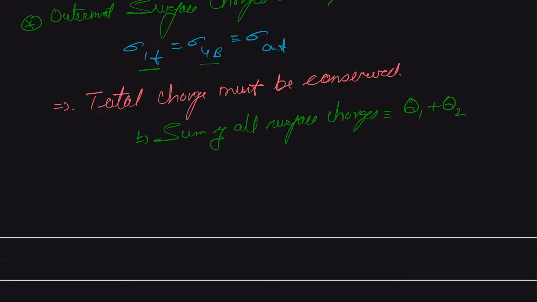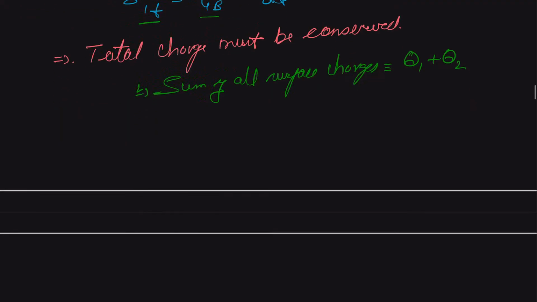Okay. And like we said, since we know that the outer charges are equal, they all together with the inner charges should be equal to Q1 plus Q2.